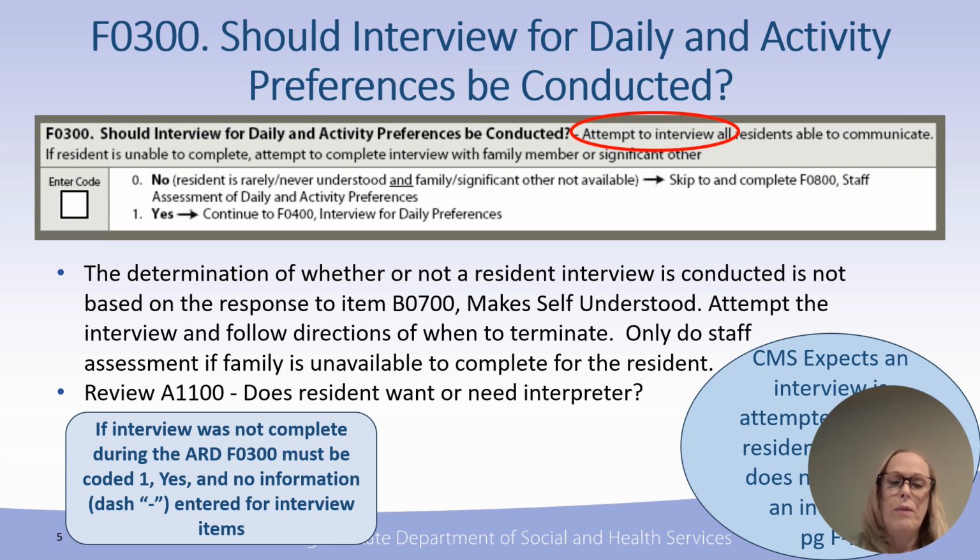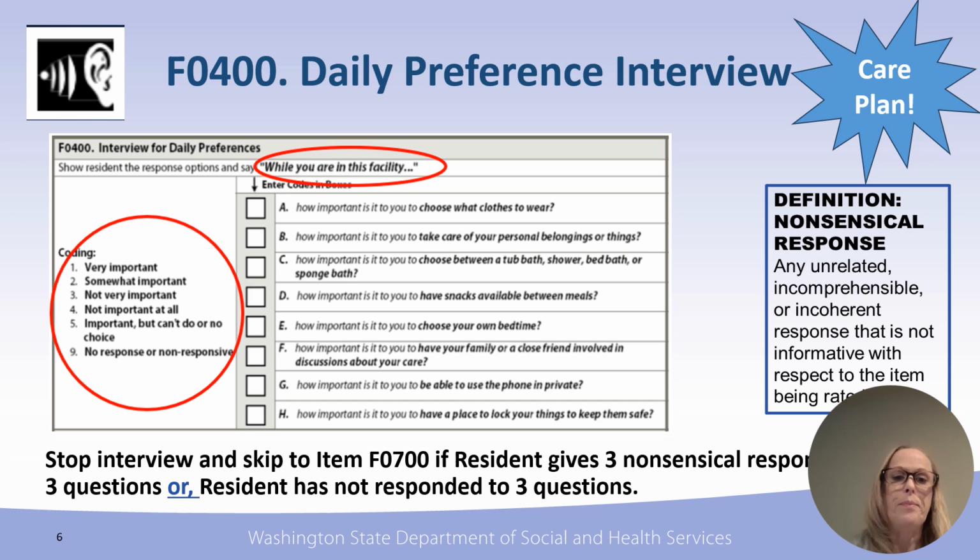Also, review item A1100, does the resident want or need an interpreter? If the interview was not complete during the ARD, F0300 must be coded 1, yes, and then the rest of the items must be dashed for no information. So let's go to the items.